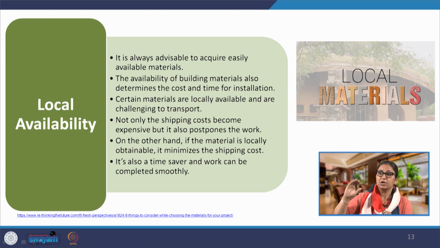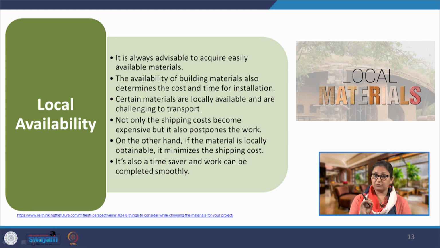We can't produce bricks in the extreme coastal areas because there is less clay available and more of sand, or in deserts the brick kilns cannot be established, but what can be established is probably AAC blocks, or maybe glass factories, but of course it requires water. So, that is what we have to see, but in general if we are promoting the use of local materials, the smaller factories would come up and it will provide opportunities in all the areas, is what we are talking about from the socio-economic point of view.